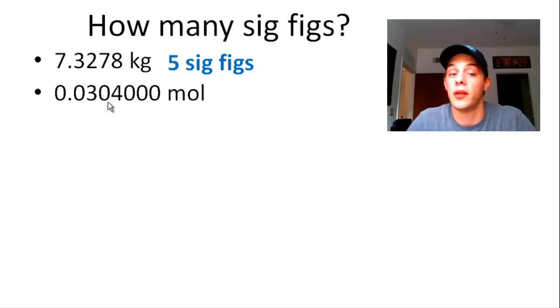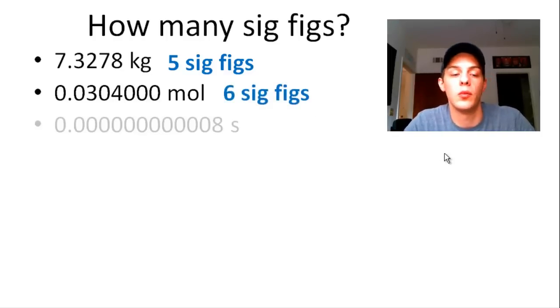Interior zeros are significant, so we're going to count this one. And then trailing zeros, if they are to the right of a decimal point, then they are significant. So we're going to count all the digits from this 3 all the way to the right. So there's 1, 2, 3, 4, 5, and 6 sig figs.